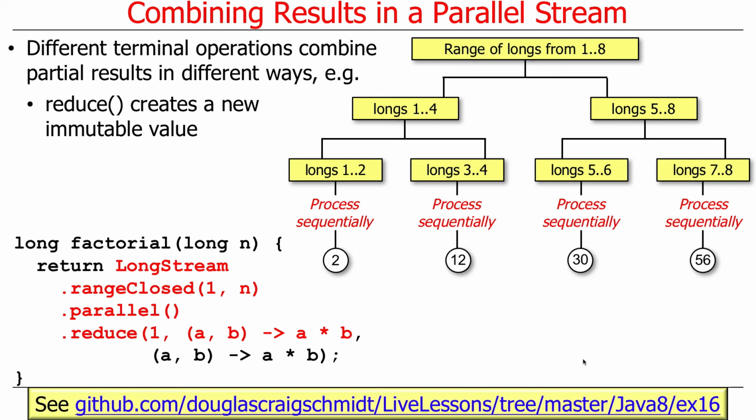That's what's called the accumulator phase. So it's kind of accumulating the results of doing the processing. Now we have partial results, which you can see are 2, 12, 30, and 56. Any questions about that? All that processing is done sequentially, but in parallel. So all the sequential processing takes place in parallel, which sounds a little funny, but that's what it's doing.